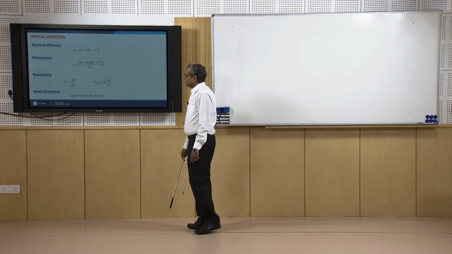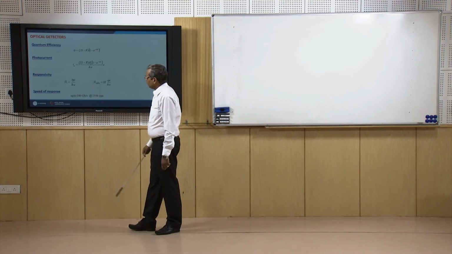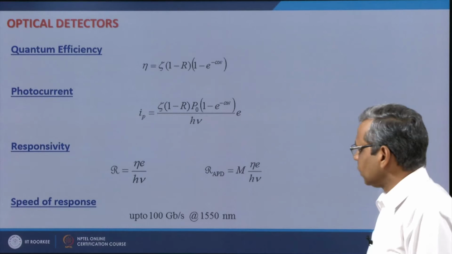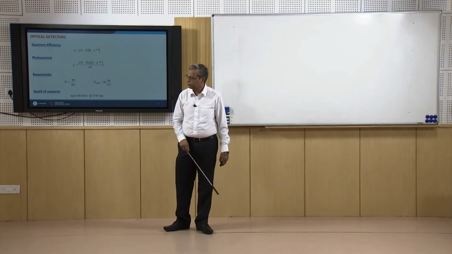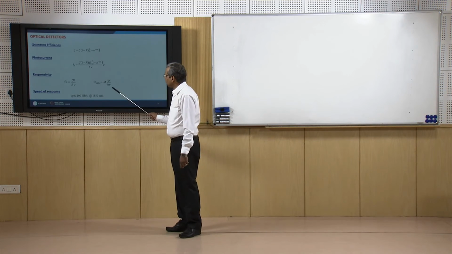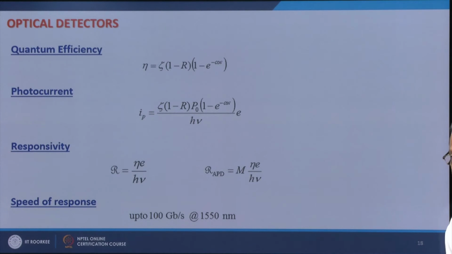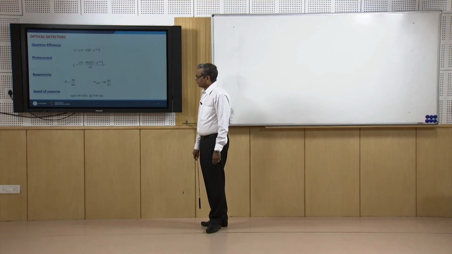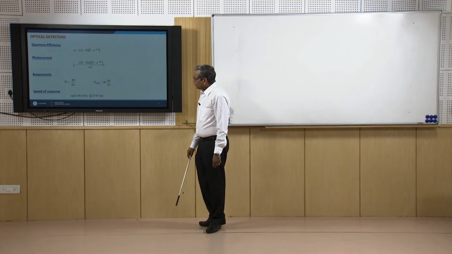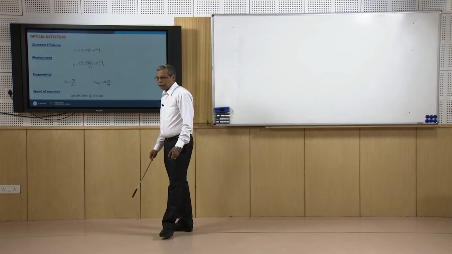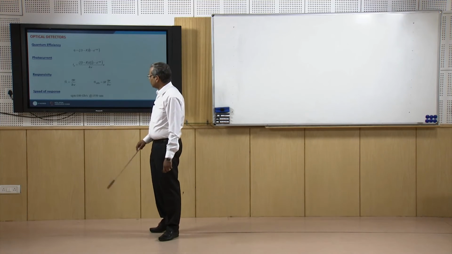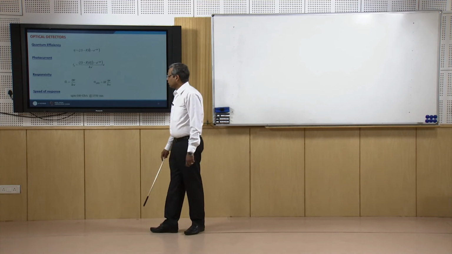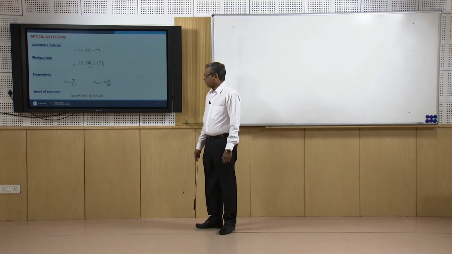The responsivity of the detector is defined by eta e over h nu, and in case of avalanche photodiode, because there is internal gain mechanism, it gets multiplied by a multiplication factor M because of the gain. Speed of response, you can have now photodetectors which can go as fast as 100 Gbps at 1550 nanometer wavelength.